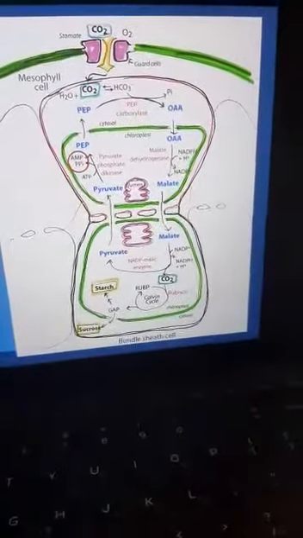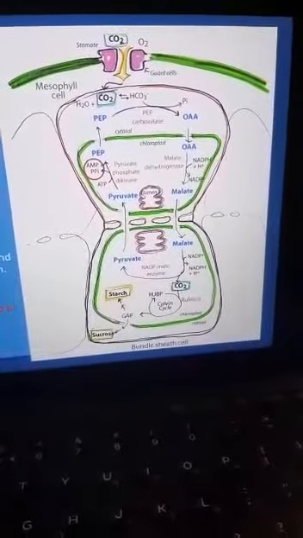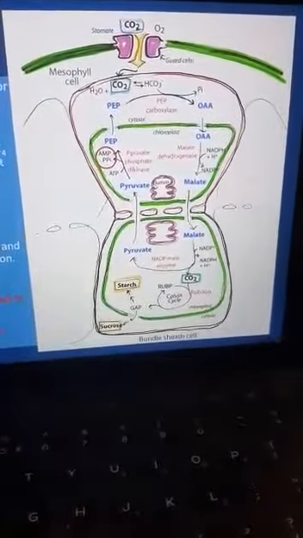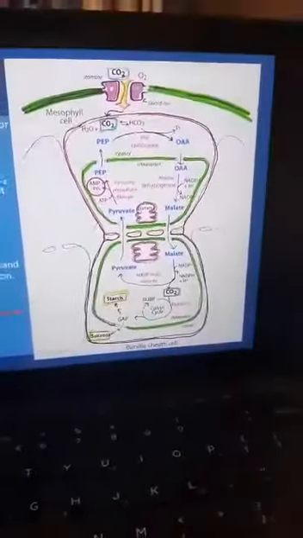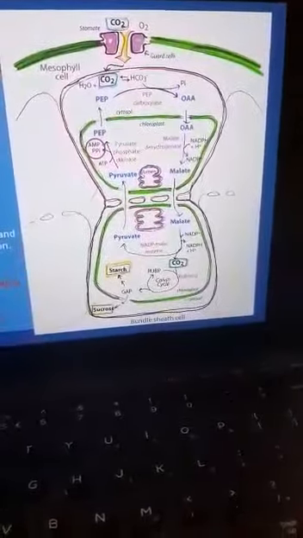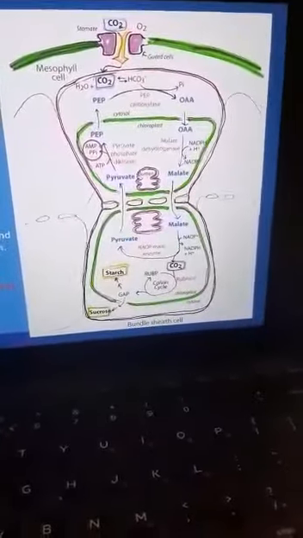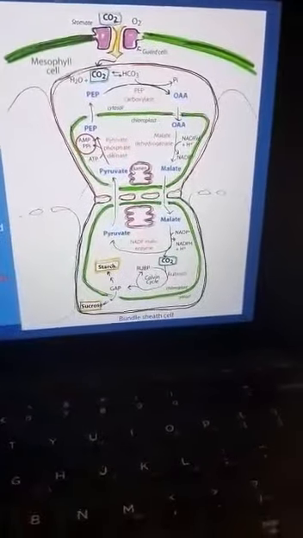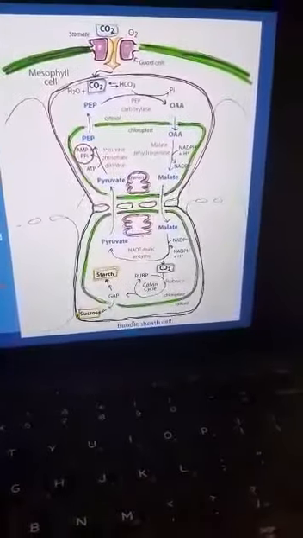This kind of pathway was discovered in plants that originated in areas that are very hot, areas with very high temperatures. And as we have tried to explain when dealing with photorespiration, the higher the temperature, the higher the photorespiration, because under high temperature conditions, oxygen even dissolves faster than carbon dioxide.